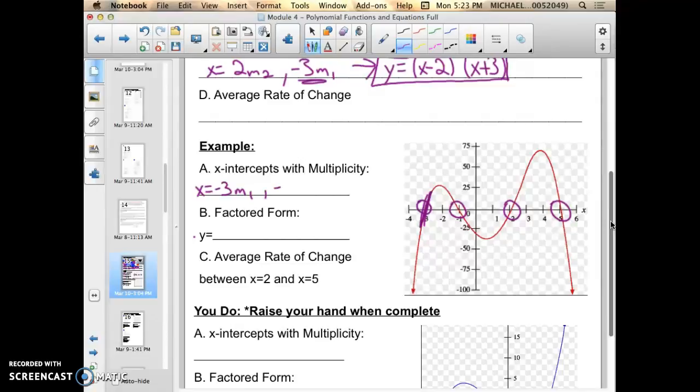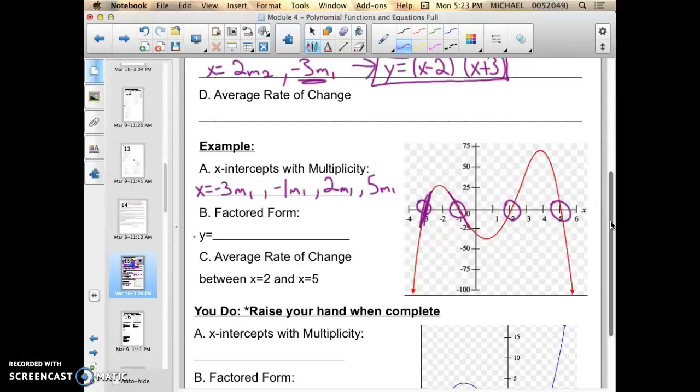And then comma. Next one is -1. And in this case, it's going through, again, the x-axis right there. So it's a multiplicity of 1. Comma, the next solution I see is x equals 2. In this case, it's still going through, so a multiplicity of 1. And then finally, my final solution is x equals 5 with a multiplicity of 1.